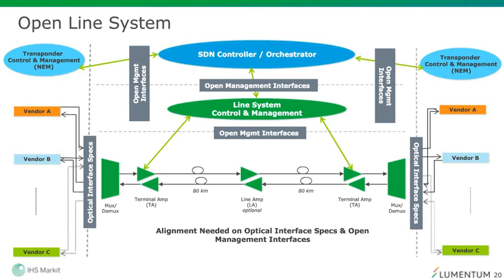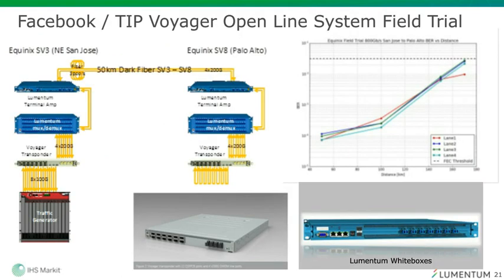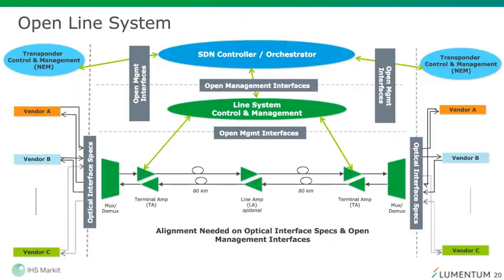Thanks, Heidi. So what we have here in this chart is a simple illustration of an open line system model. The picture below represents a linear point-to-point link where the photonic layer, like the amps, the mux, demuxes, etc., are provided by one or many vendors, and the interface specs at the optical layer have to be clearly defined to be agnostic to the transponder vendors feeding into this line system.